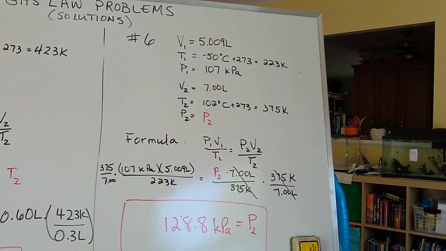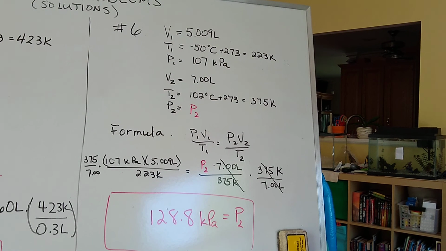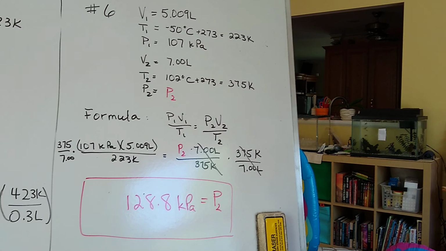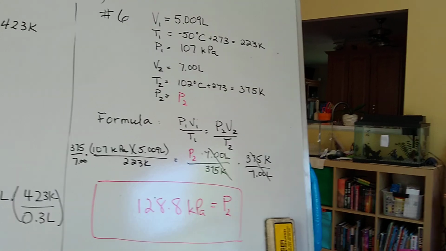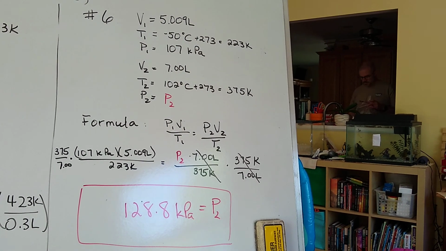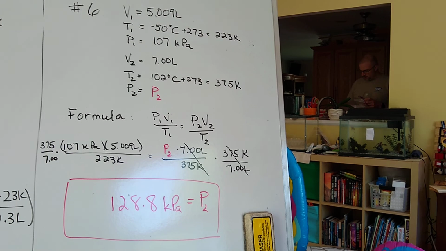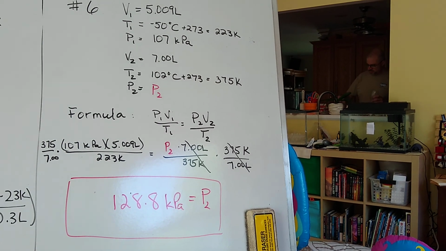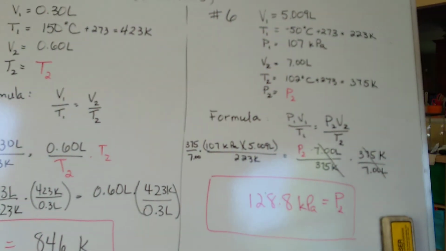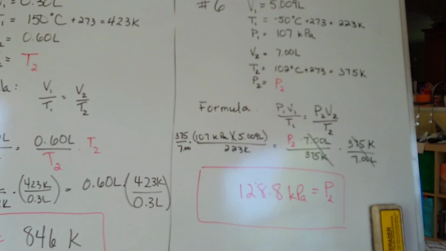Number 6, what I already started reading. This one is the combined gas laws. You have pressure, volume, and temperature variables in one problem. The question says a 5.009 liter air sample at a temperature of -50 degrees Celsius is at a pressure of 107 kilopascals.